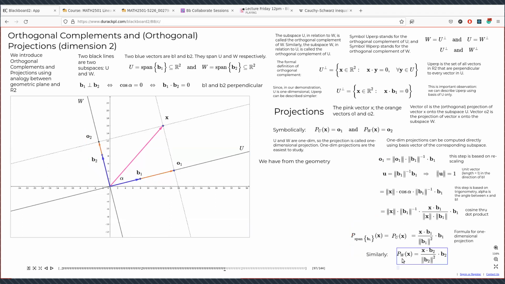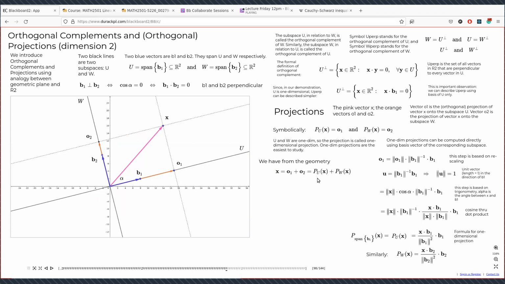Now, another fundamental thing which will be part of this slide comes again from this. What I can see from the geometry on this slide is that I can reproduce my vector x by adding these two projections, O1 and O2. It's that parallelogram rule which I mentioned today. In this case, the parallelogram will be a rectangle because these two lines are perpendicular.